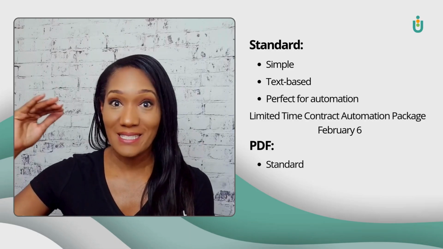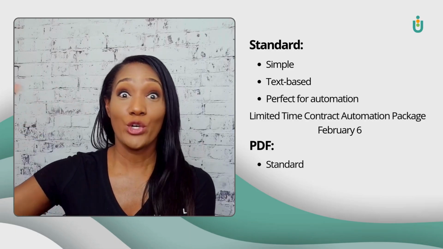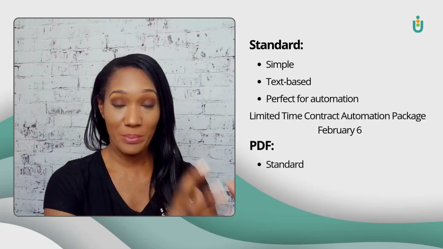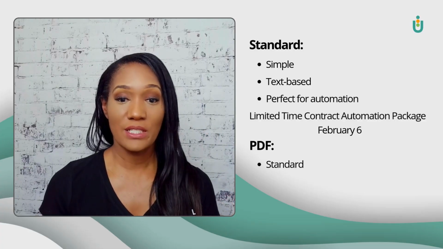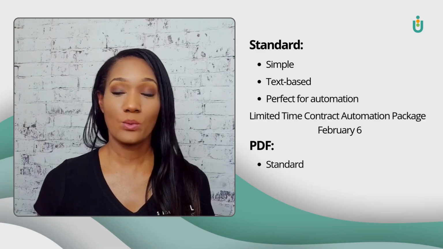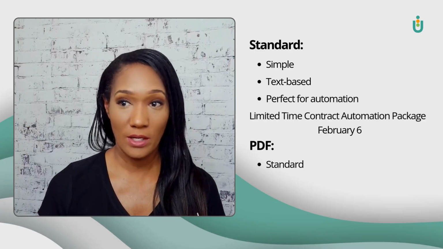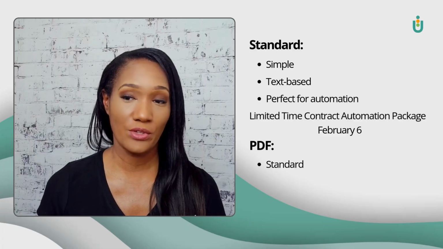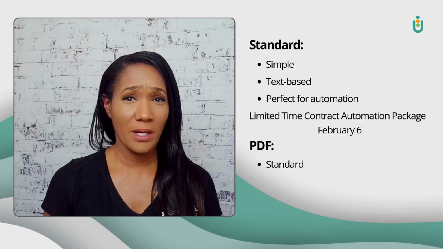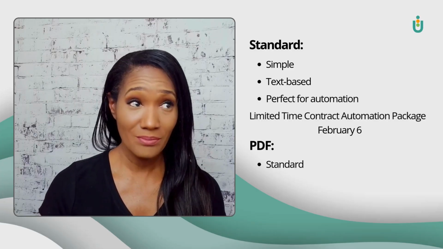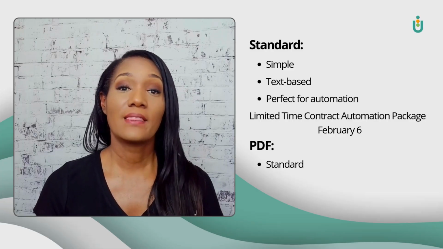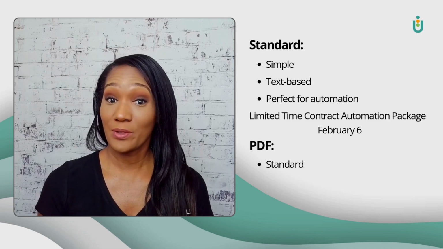You need that exact same version to be automated in your system. So let's just say it's a real estate contract. We already know that there's a particular contract that you would use for that. Well, there are checkboxes, there are fields that may need to be populated in that contract. That one's a little bit more complex, okay?